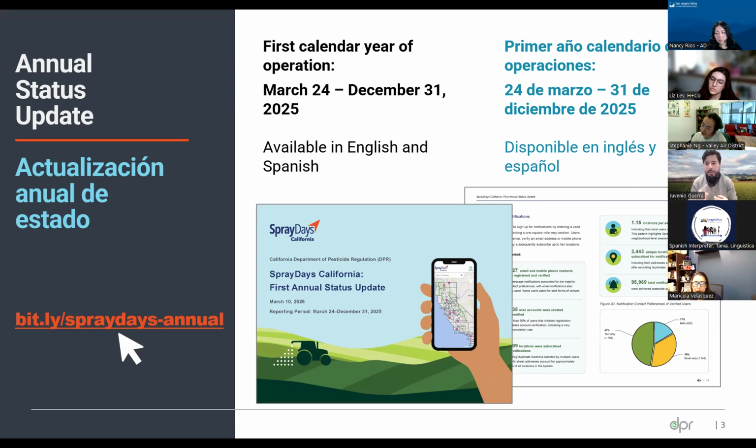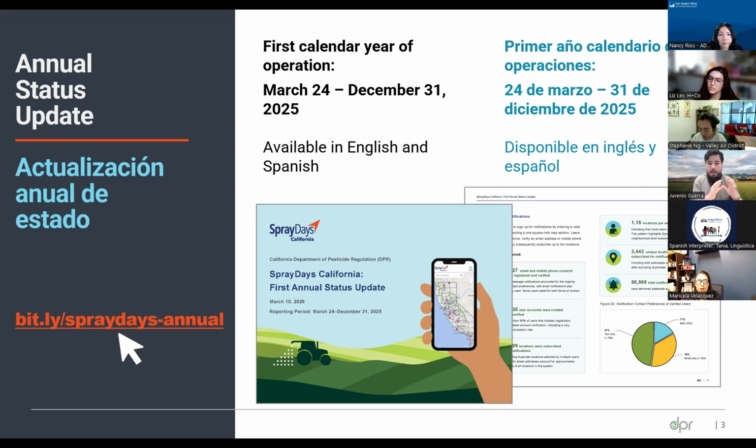It also gives you metrics on how people have been using the website, metrics on how people have been using notifications for pesticide applications, a summary of the feedback we've already gotten and a summary of the changes we've already implemented over the past year. And also some budget info in there and some additional technical details that you can dive into.